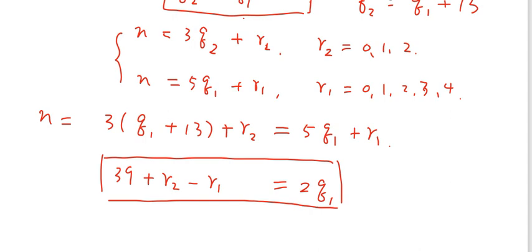We don't know Q1, R2, or R1, but we have this. 39 plus this number should be 2 times Q1, so R2 minus R1 should be an even number, equal to 2 times some k.